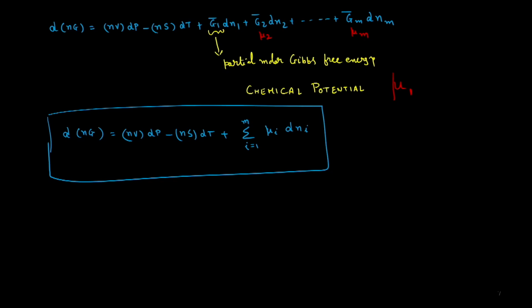If the system is closed, of course, if you look at this equation, then dn i for all i is 0, right? Because it is closed, the number of moles for all the species are constant, so dn i would be 0.